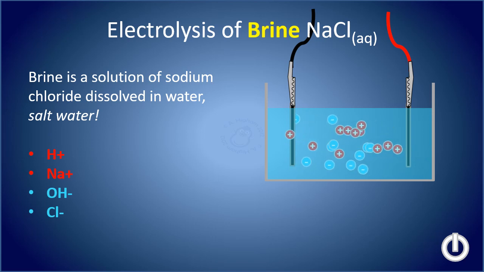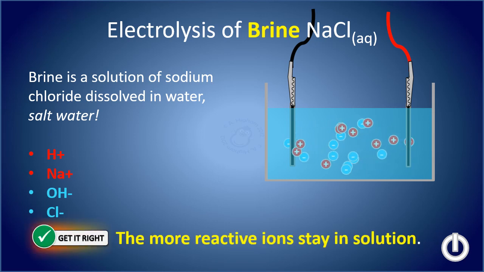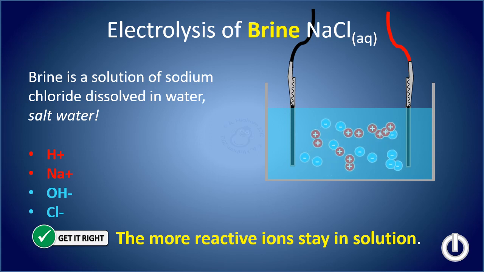So we have the possibility of sending 2 positive ions and 2 negative ions to the electrodes, but the ions that actually move to the electrodes are the least reactive, because remember that the more reactive ions stay in solution. So we'll deal with the hydrogen and the sodium first, the H plus and the Na plus.